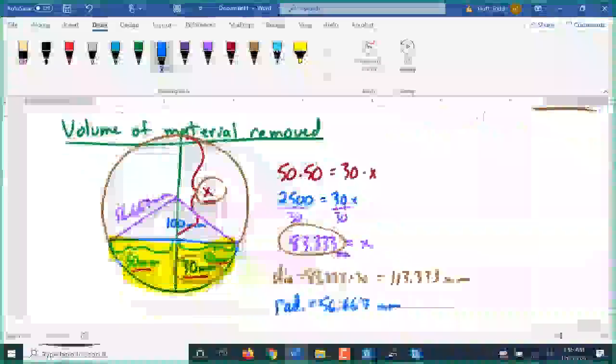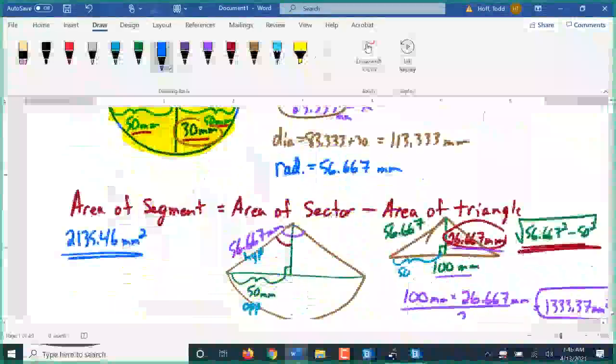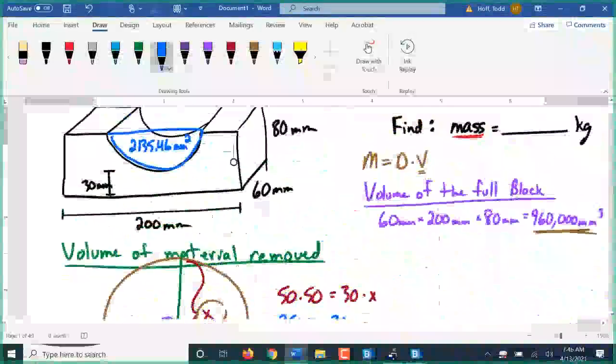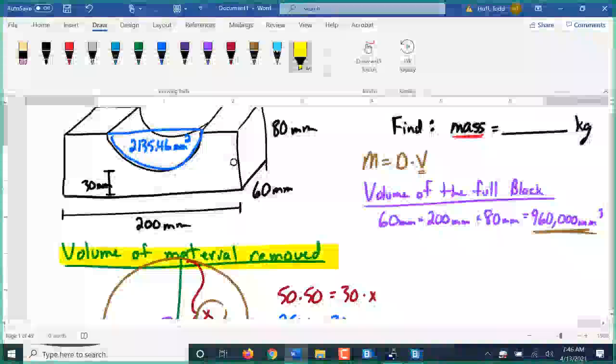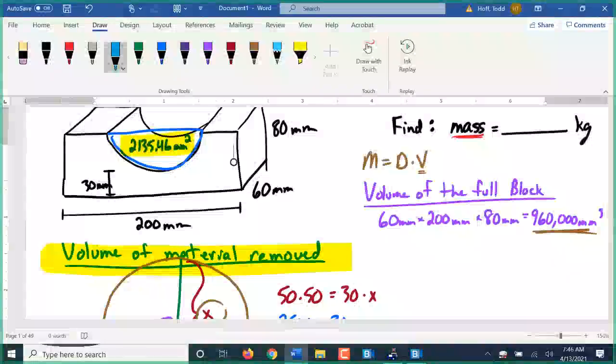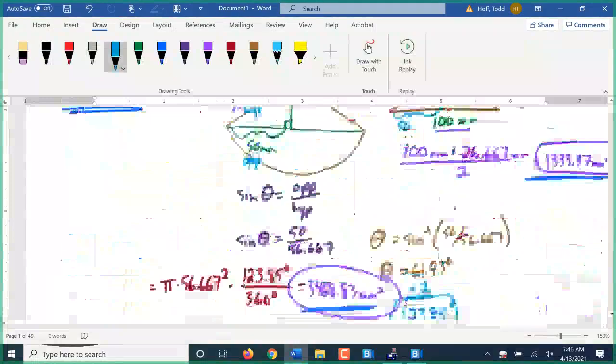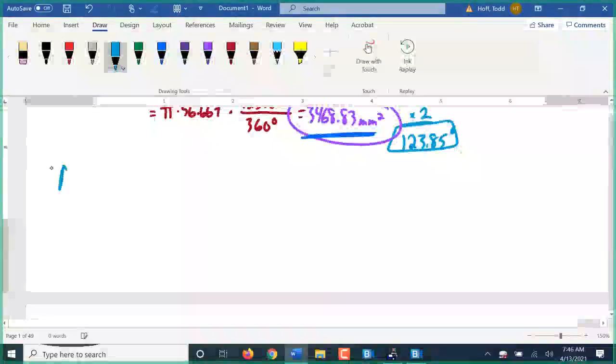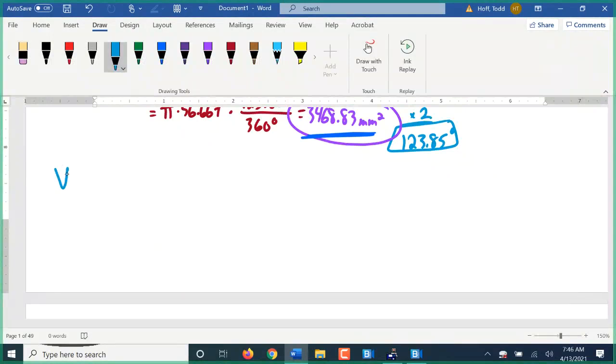Now remember, what we actually wanted to find was the volume of the material removed. What we found here is just an area. But we know that we can always get from an area to a volume by multiplying by a depth or a height.